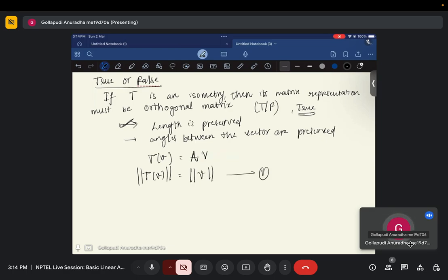Now, as I told, it's represented by matrix A, so this must be true. And the norm of the vectors is given by, yeah, this we already know. So how can we write this?